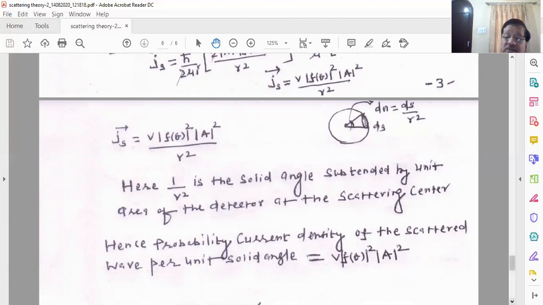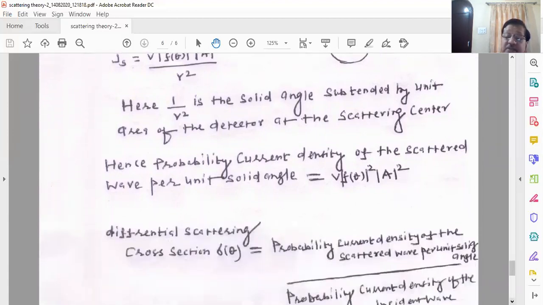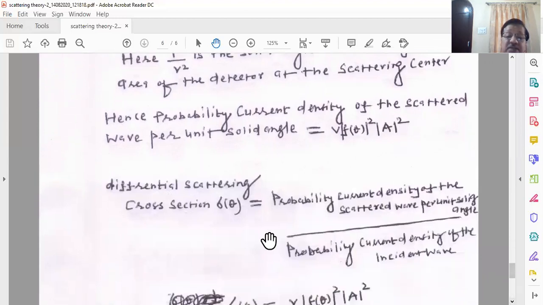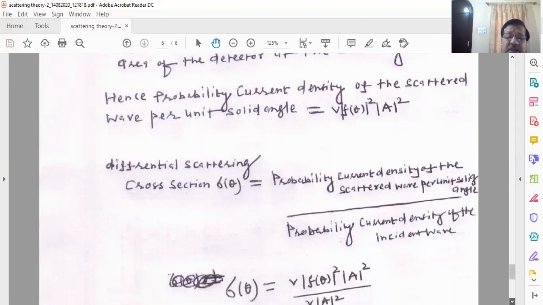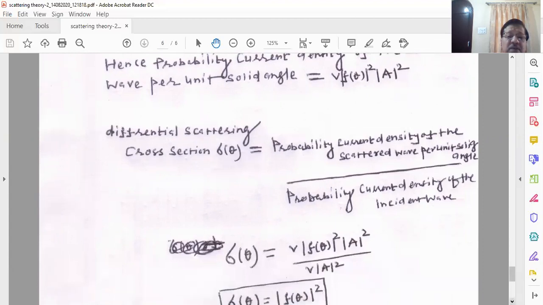And now friends, we have a definition of the differential scattering cross section. This is a differential scattering cross section here, defined as a ratio: the probability current density of the scattered wave per unit solid angle.